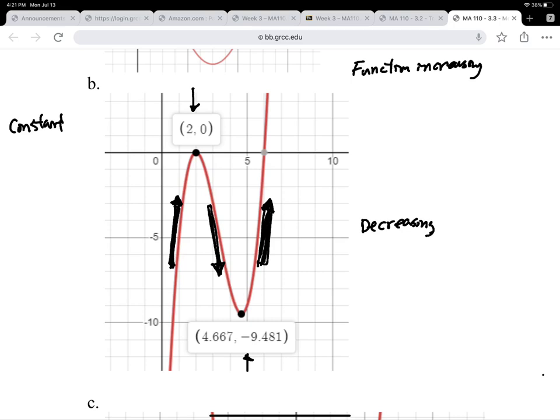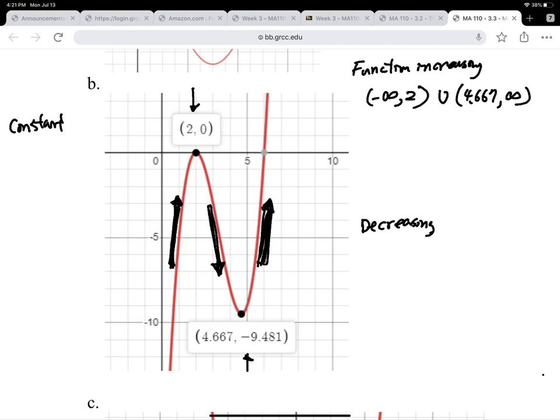Okay, so increasing, again, everything is coming from the left. The function is increasing from negative infinity to 2, parentheses, and it is also increasing starting from 4.667 to positive infinity.